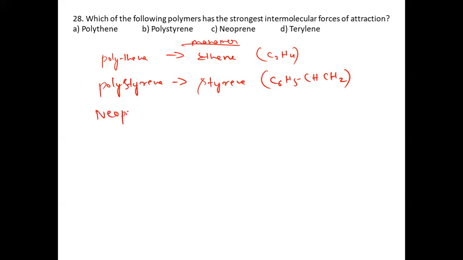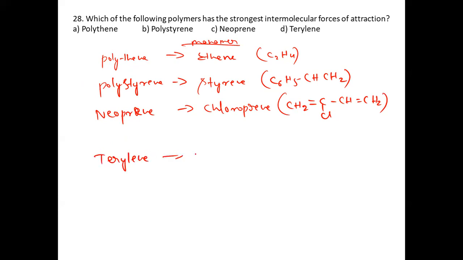Then neoprene, its monomeric unit is chloroprene, having the formula CH2=CCl-CH=CH2. Then terylene is a polymer with two different monomeric units: 1,4 benzene dicarboxylic acid and 1,2 ethane diol.